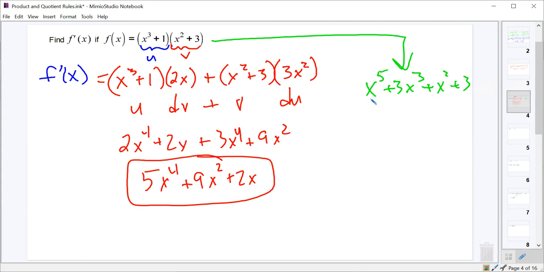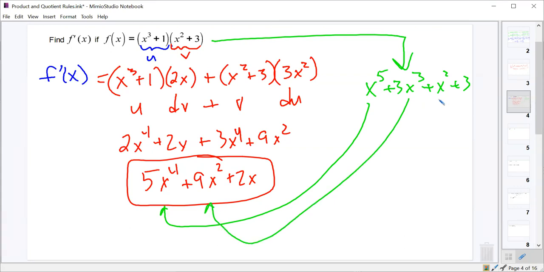And if we look at those, what does x to the fifth derivative become? 5x to the fourth, 9x squared, 2x, and the 3 is 0, right? And in this case, distributing it out and then taking the derivative might have been quicker than using the product rule, but there will be plenty of functions all year long where you can't just distribute it out. You're going to have to use the product rule.